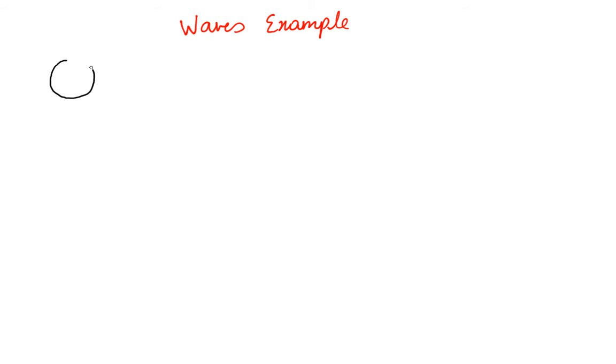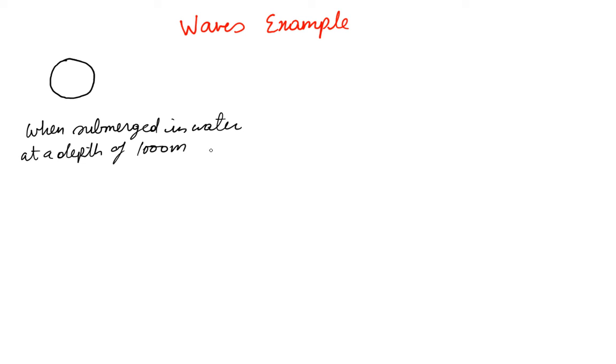So let's consider one more example on waves. What we have here is this metal ball. It's given that when submerged in water at a depth of 1000 meters, it is compressed by 5%.